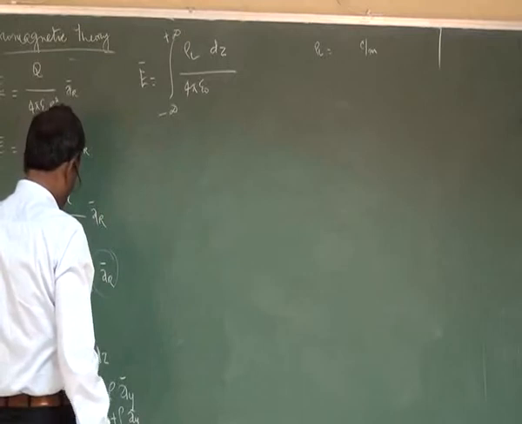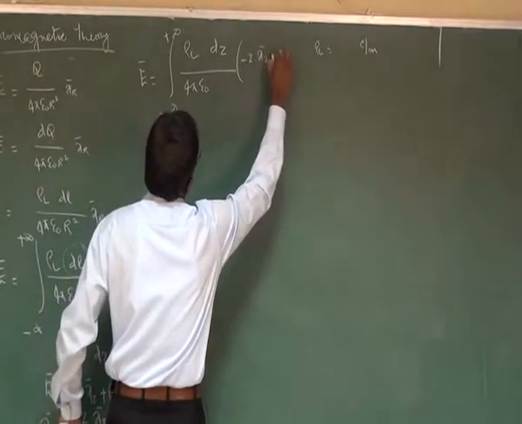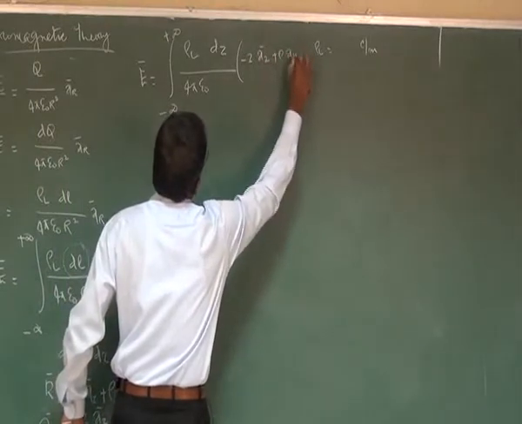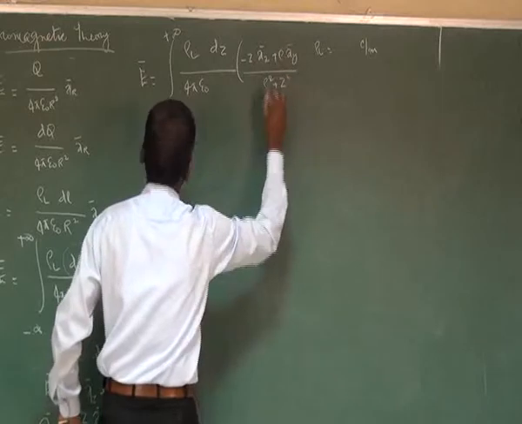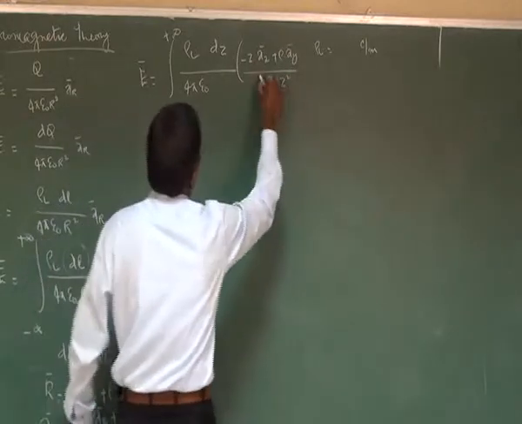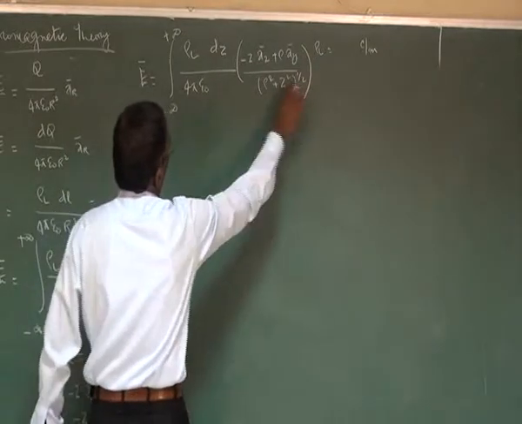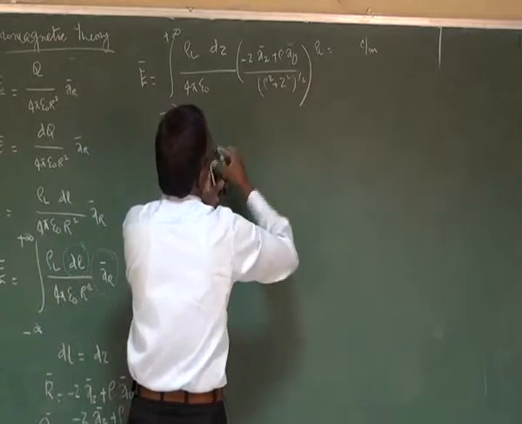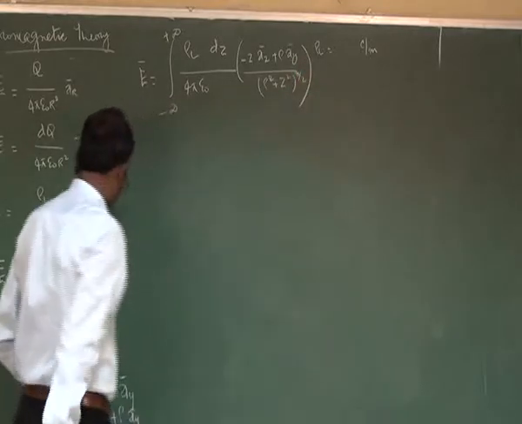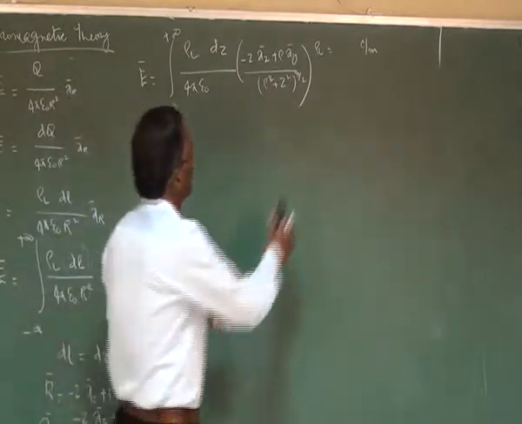AR bar I am going to substitute: AR bar is equal to minus z az bar plus rho ay bar divided by rho square plus z square to the power of... This is R square, this is R, so rho square plus z square to the power of 3 by 2.